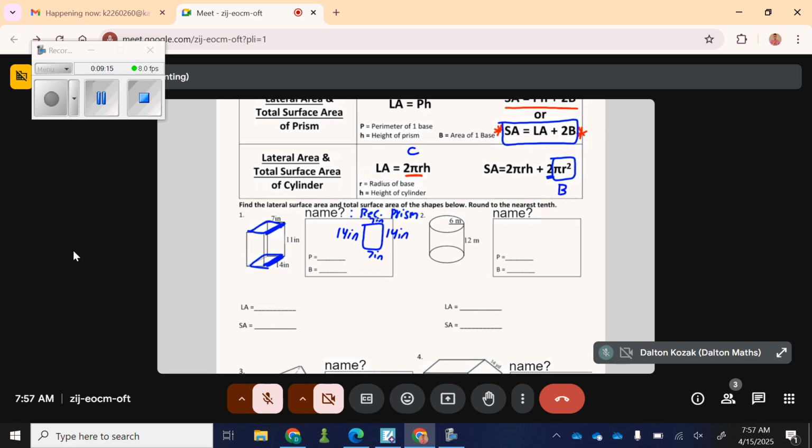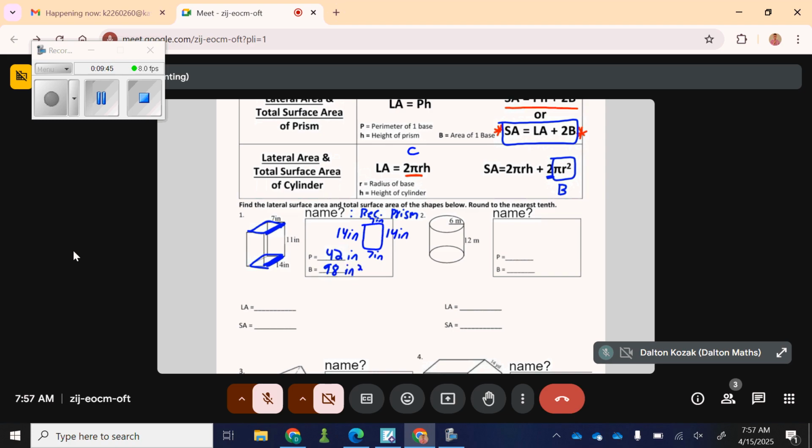So basically, it goes to 28 plus 14, which is 42. The area for one base, you just do length times width, so 14 times 7, which goes to 98. And this is inches, and this is inches squared.